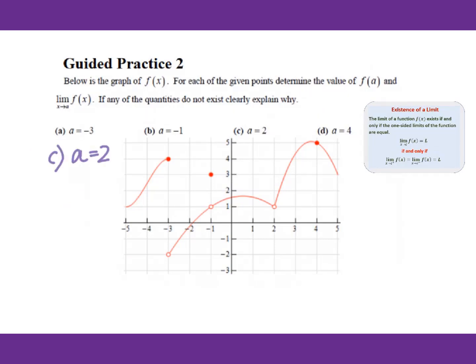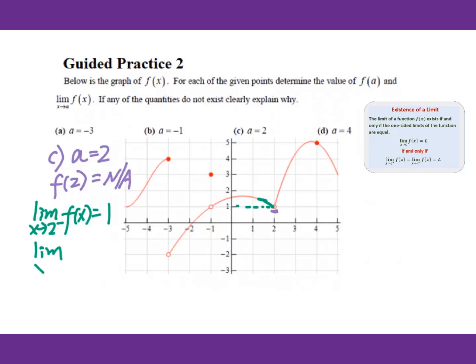Now let's go to C. A equals 2. F of 2: we don't have a closed circle, we only have an open circle. Therefore, it's not available. It's undefined at x equals 2. Limit as x approaches 2 from the left side of f(x): this is the left side, so approaching 2, you will get 1.